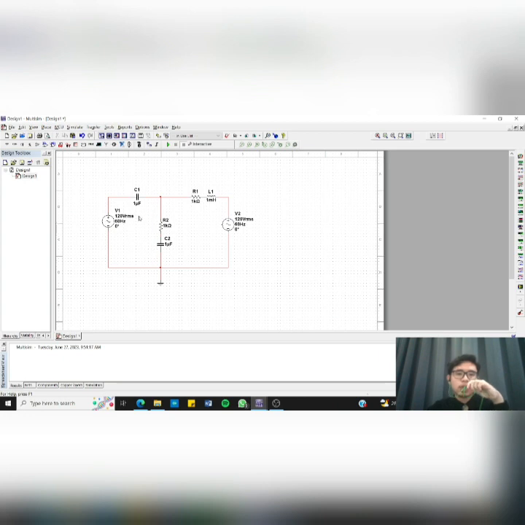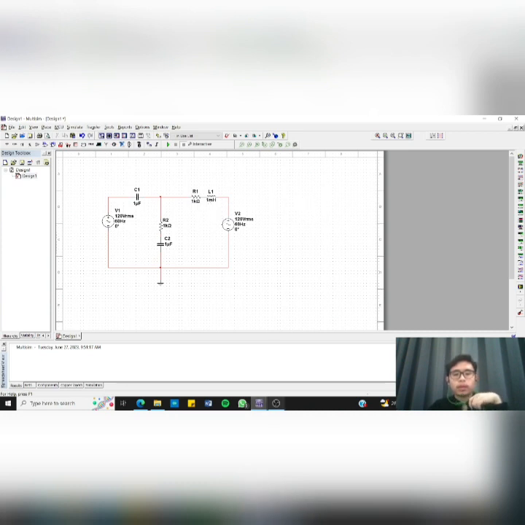Okay, for the values of C1, C2, and L1, we must change them first because the given values are XC and XL. For XC, the formula is XC equals 1 over 2 pi FC, and for XL, XL equals 2 pi FL.